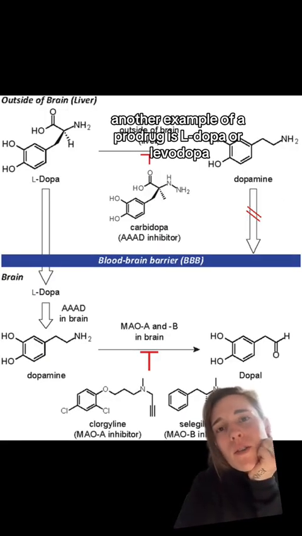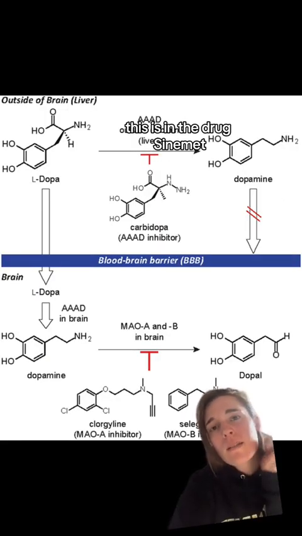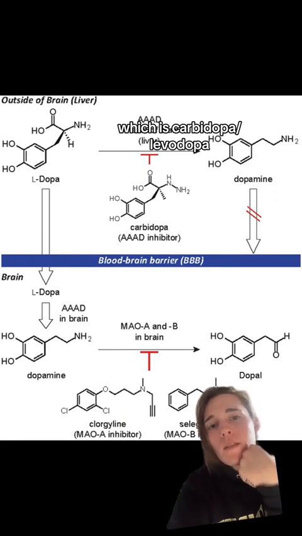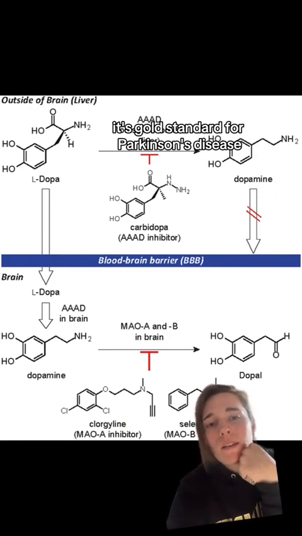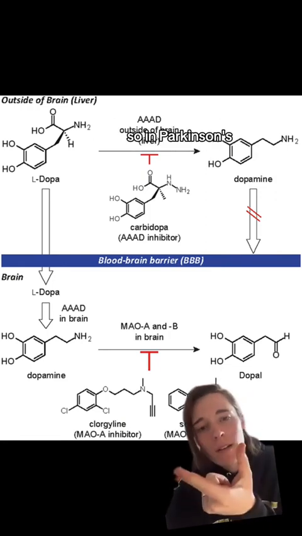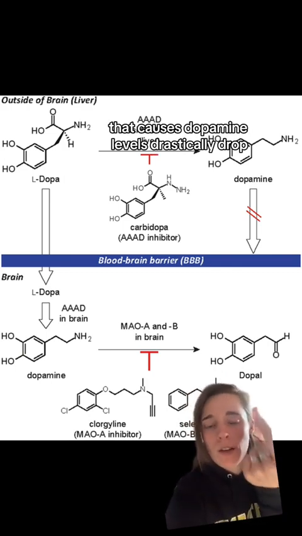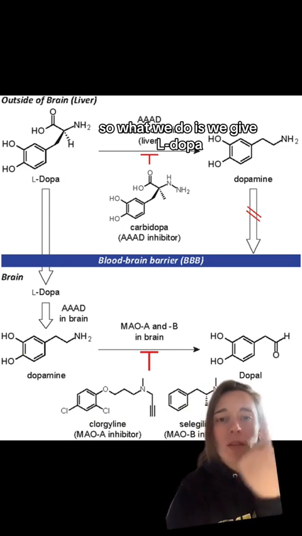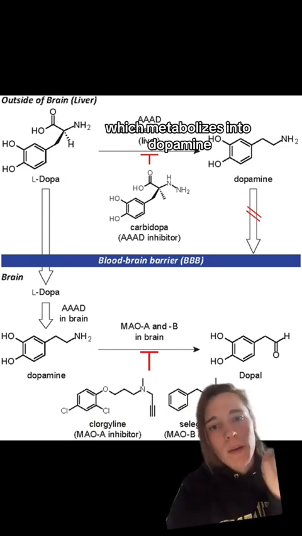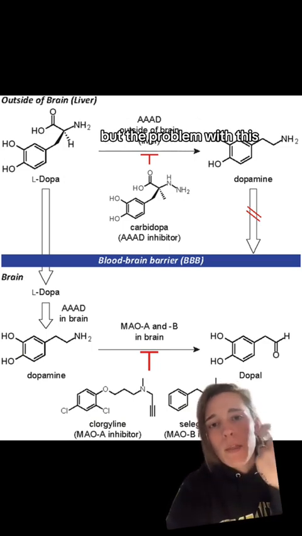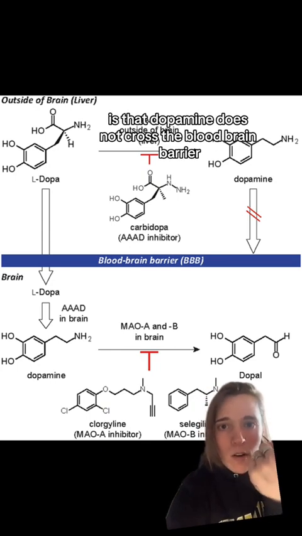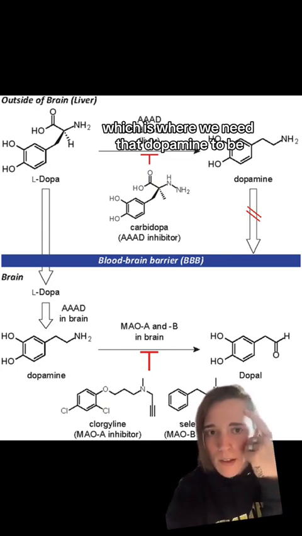Another example of a prodrug is L-dopa or levodopa. This is in the drug Sinemet, which is carbidopa-levodopa. It's gold standard for Parkinson's disease. So in Parkinson's, patients have nerve cell damage in the brain that causes dopamine levels to drastically drop. So what we do is we give L-dopa, which metabolizes into dopamine, to sort of replace that. But the problem with this is that dopamine does not cross the blood-brain barrier, which is where we need that dopamine to be.